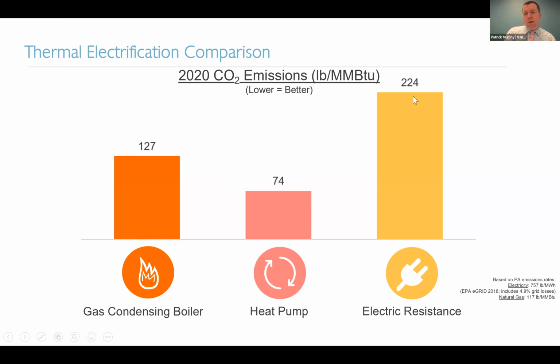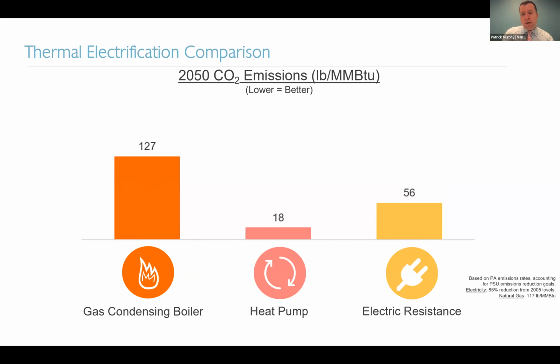You see it illustrated with electric resistance: the grid is not yet clean, so it is actually worse than the gas condensing boiler. But over time, as the grid gets cleaner or as an owner procures renewable electricity, we start to see that go down. And it could go down all the way to zero, depending on the location and how much renewable energy is on the grid or is bought by the owner.